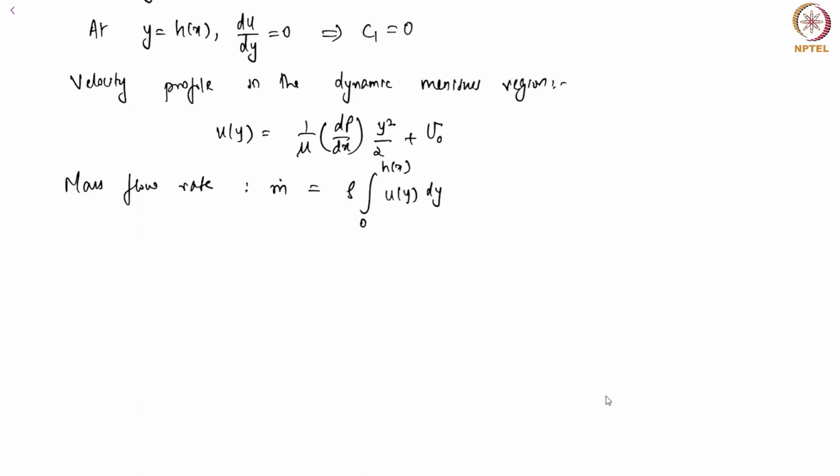Okay, and this quantity we know, if I substitute the expression for u of y in this expression and integrate it, I get density times 1 by mu dp by dx h cube by 3 plus u naught into h. Okay.